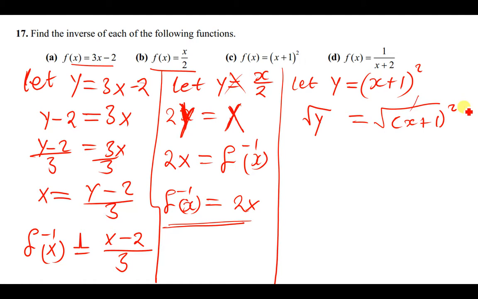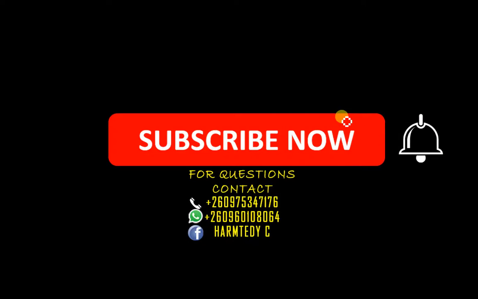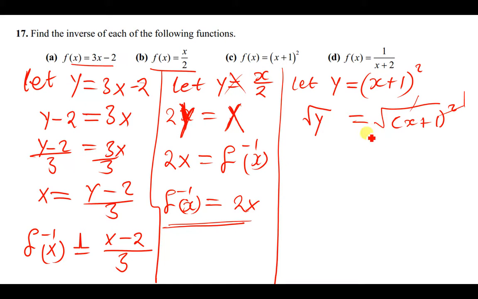So this and that will cancel. We're just going to remain with the square root of y is equal to x plus 1. This squared has gone. So we make x the subject, hence we're just going to take this positive 1 to the other side of the equal sign. So we're going to have the square root of y minus 1 is equal to x.